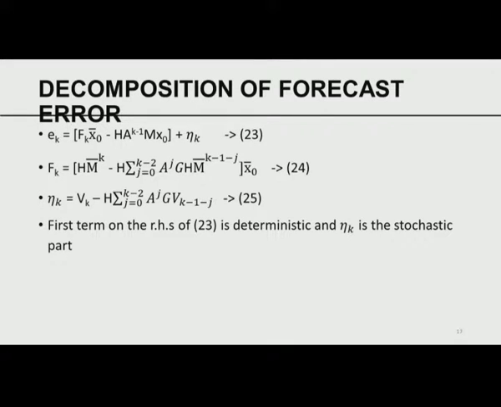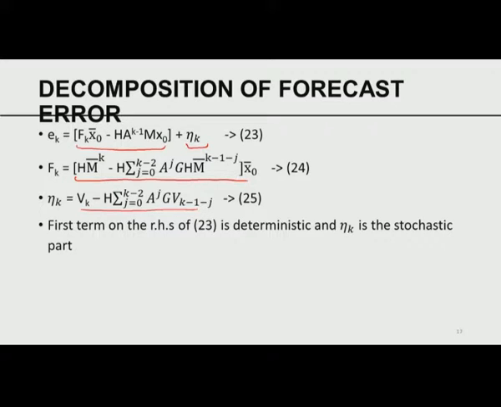I am now going to rewrite this expression Ek for the sake of convenience, a deterministic part plus the random part. The deterministic part has this expression, the random part has this expression. So 24 and 25 correspond to the deterministic part of the forecast error and the random part of the forecast error.